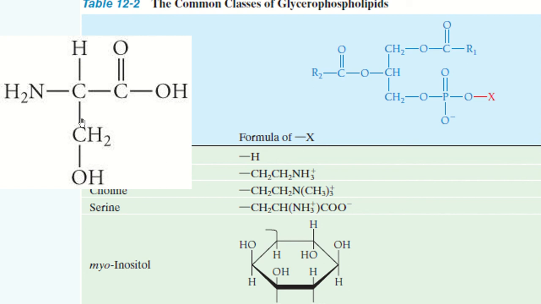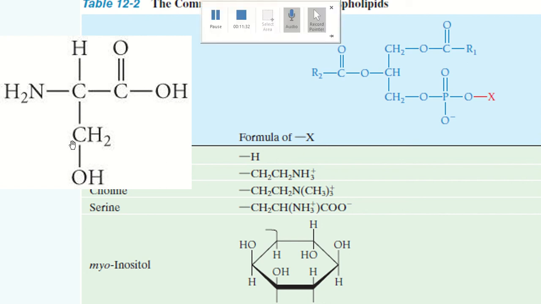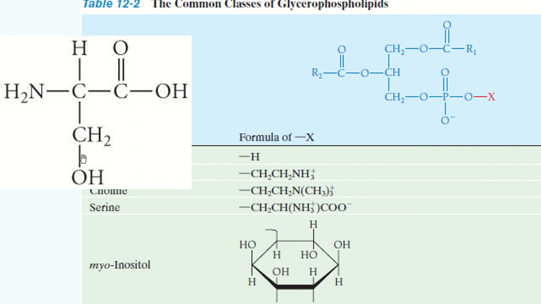The side chain of serine contains a hydroxymethyl group on it. So a one carbon unit is a methyl group, and when a hydroxyl is attached to it, it is called hydroxymethyl. So it is very easy to remember the structure of serine. There is an alpha carbon to which a carboxyl group and an amino group is attached, and the side chain is hydroxymethyl.